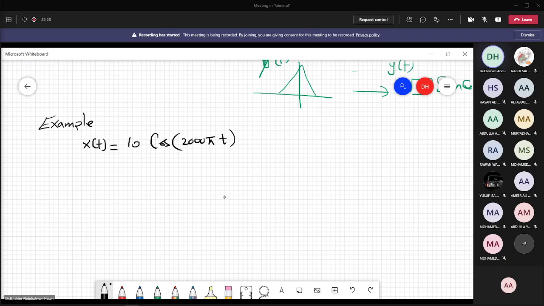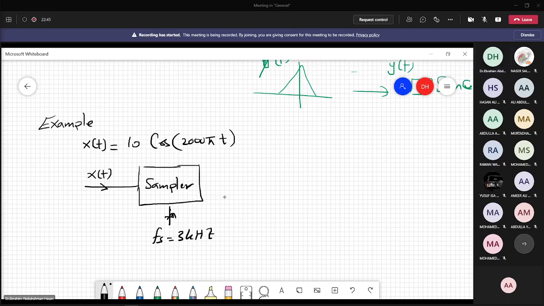So this is my x of t. Here we have sampling rate fs equal to 3 kilohertz. This is the sampler.